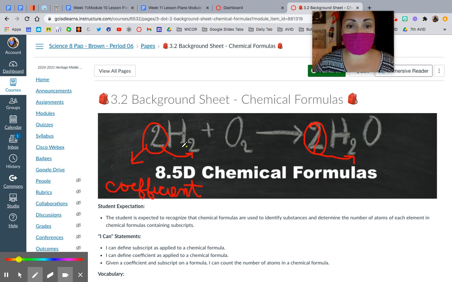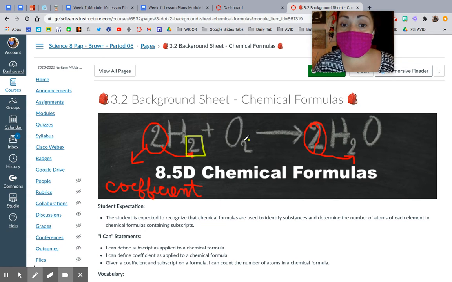Then we have these things right here, which I'm going to box, which are called subscripts. Sub means below, script means words. So they're below the words, like sub-zero is below 0, subterranean is below the land, submarine is below the water. So this is called a subscript, S-U-B, S-C-R-I-P-T.